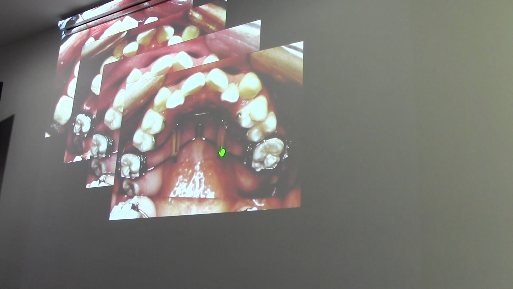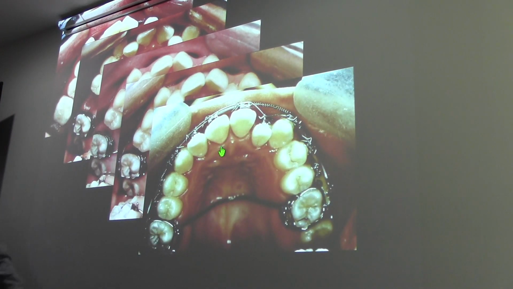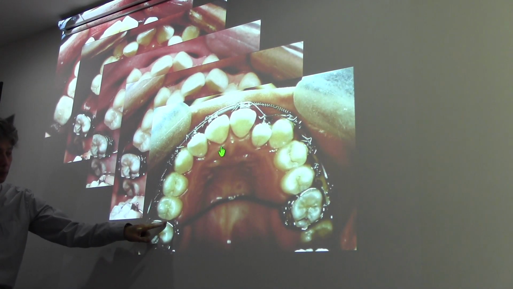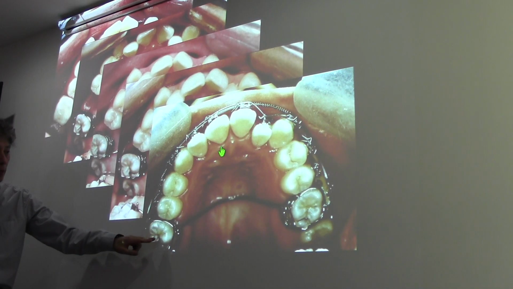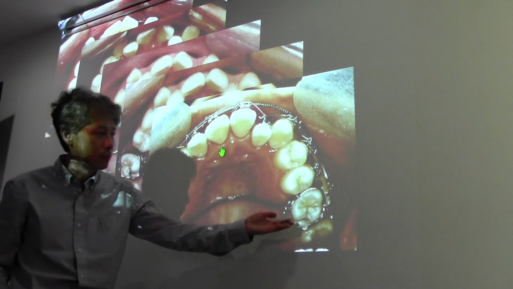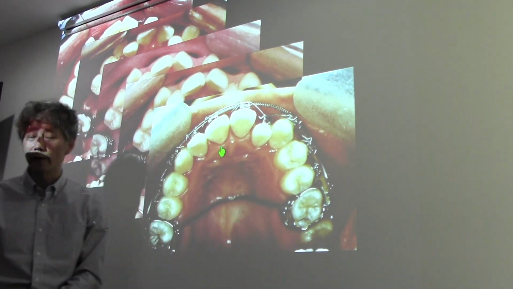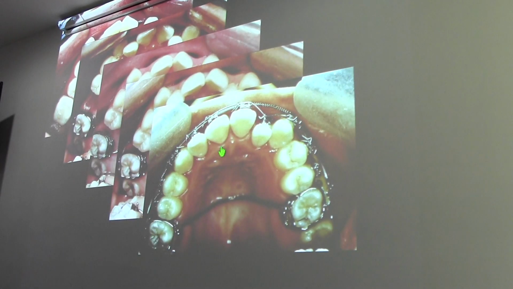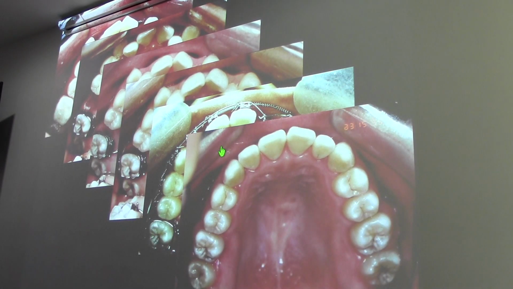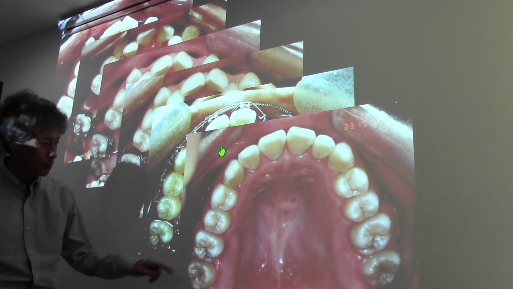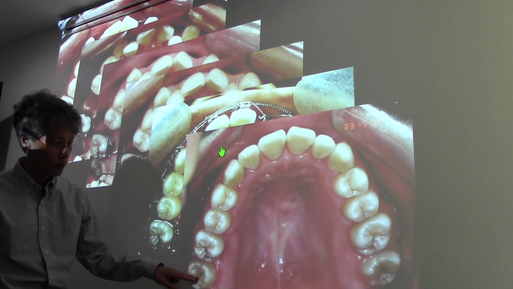There is no tipping, so the first molar space is being closed by the second molar over here, and as the second molar moves forward, the third molar erupted into the second molar area, so it might look like a non-extraction case, but actually this is the second molar and third molar.